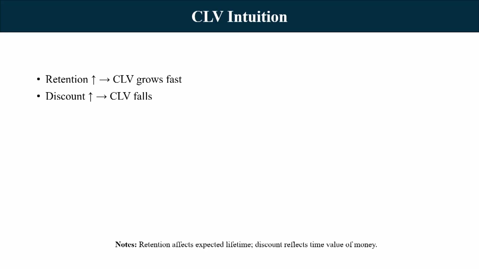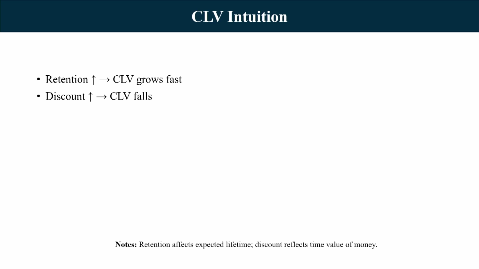Fine. Now, some of the intuition related to customer lifetime value. What happens if the retention increases? As per the formula, retention is a part of the numerator, and also of the denominator, but in the denominator it is preceded by a minus sign. So definitely, if retention increases, CLV will grow fast, the CLV value will be higher.